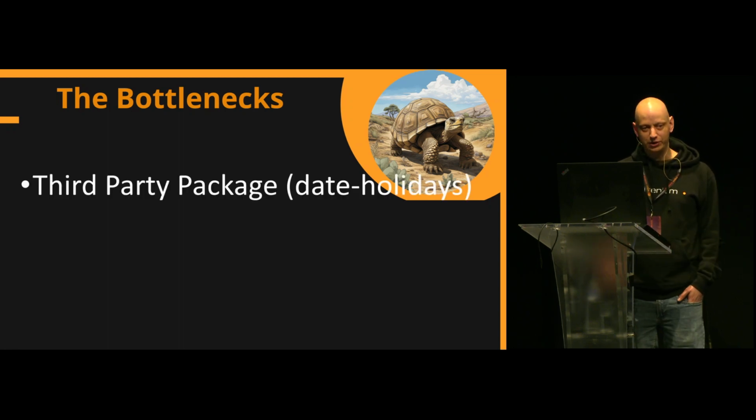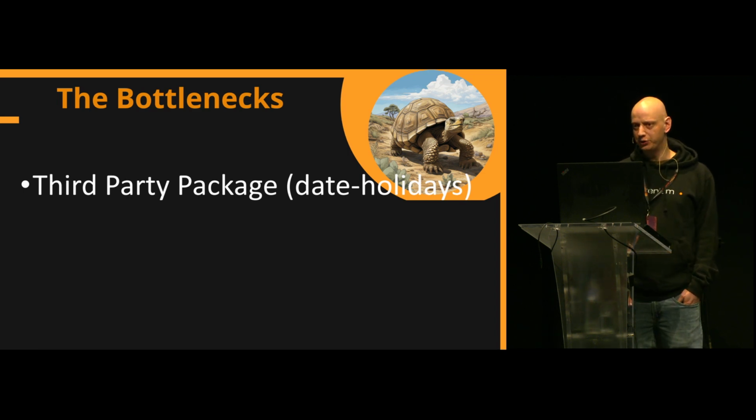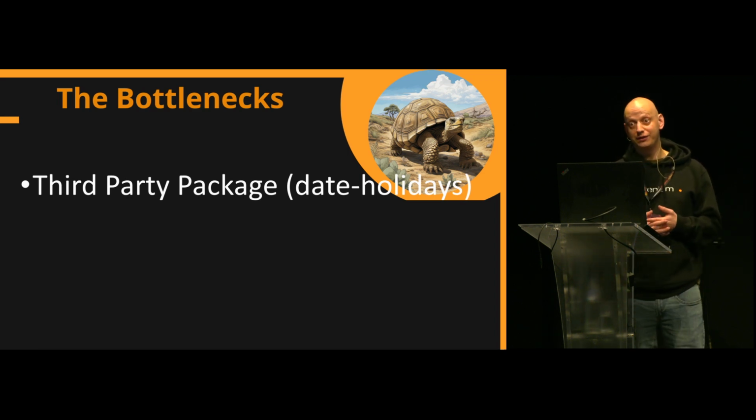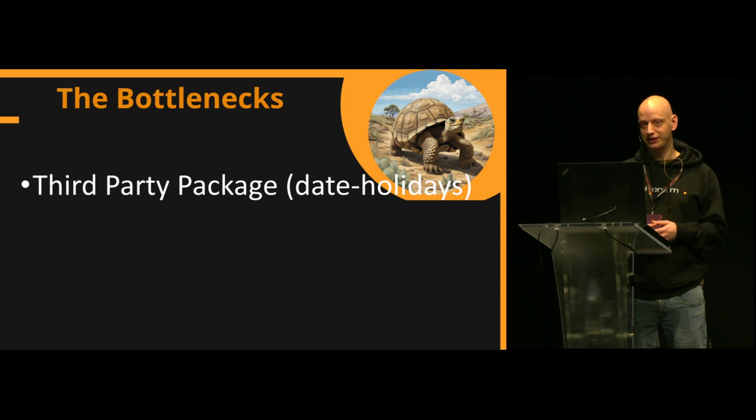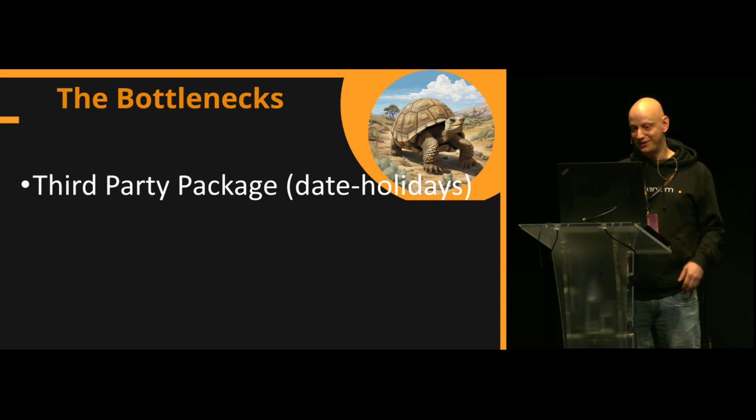It turned out to be a third-party package called Date Holidays, which we were using to calculate the Belgian holidays in a given month. The problem with the Date Holidays package is it can calculate holidays for any calendar in existence.